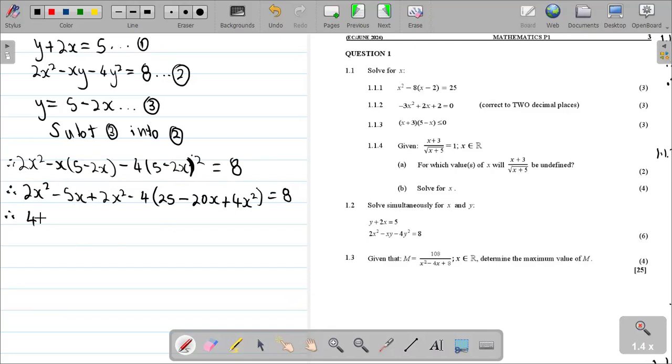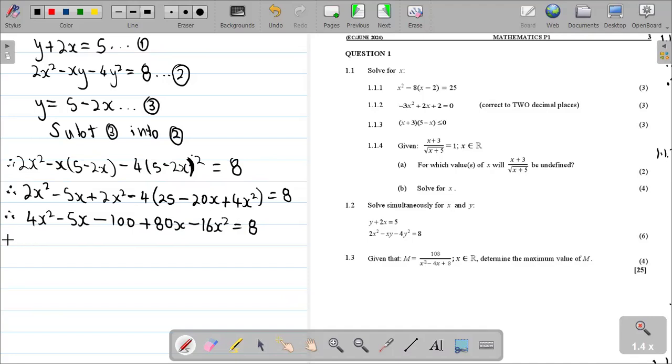We have 4x squared minus 5x minus 100, plus, it's negative, multiply by negative here, 80x, and then minus 16x squared equals 8.